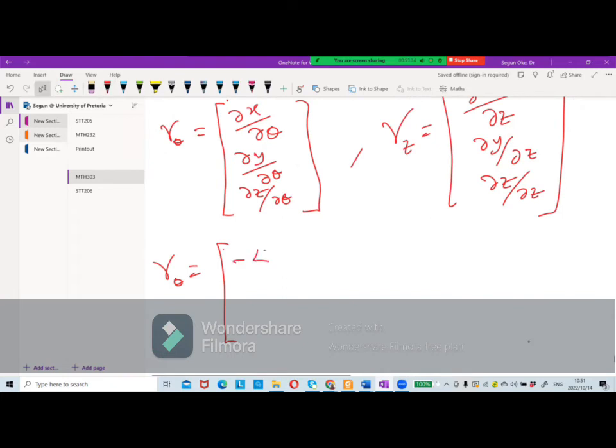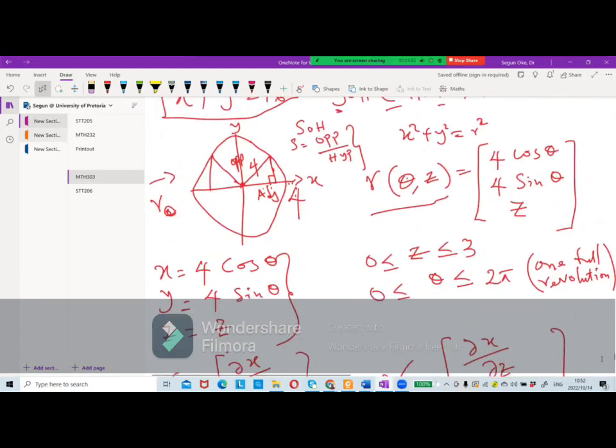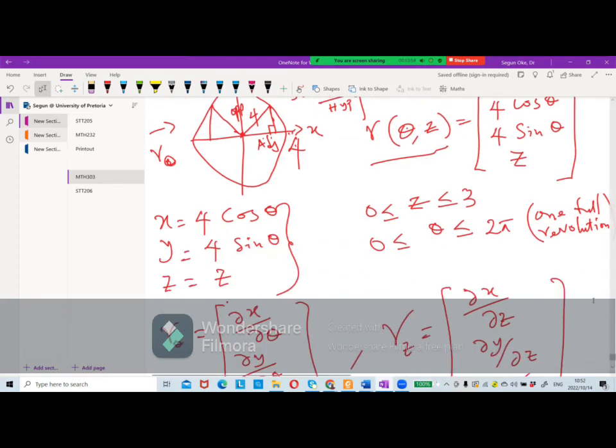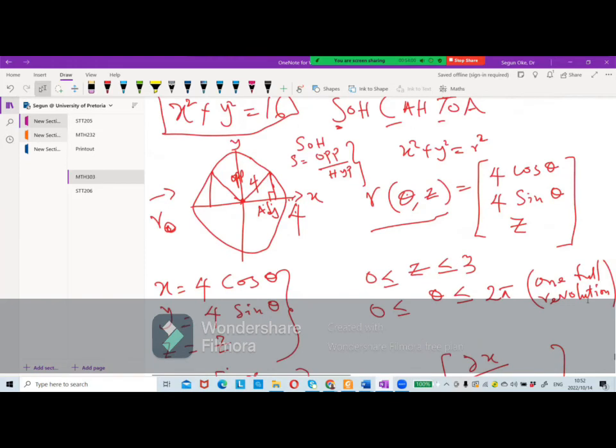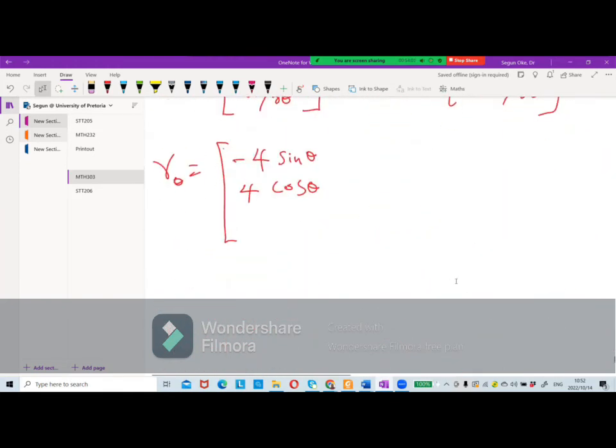Minus 4 sin theta. Then when you differentiate 4 sin theta, what do you have? 4 cos theta. Then when you differentiate Z with respect to theta, what do you have? 0. Remember in Z there is no theta, so automatically it's a constant. So it's going to be 0. I hope you are here now. Let's do the Z too.